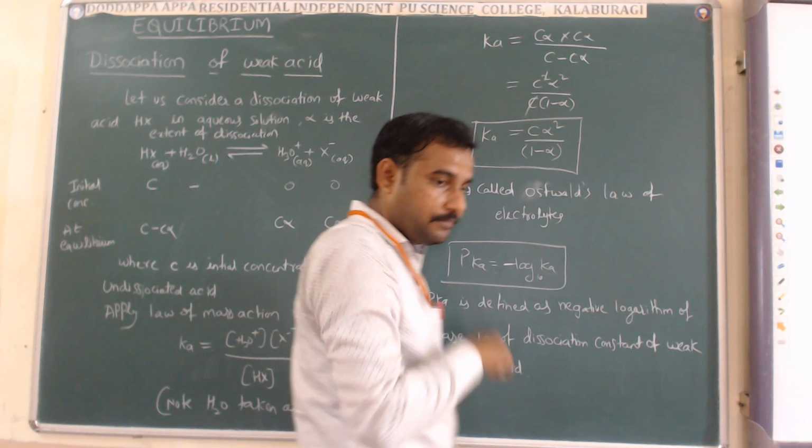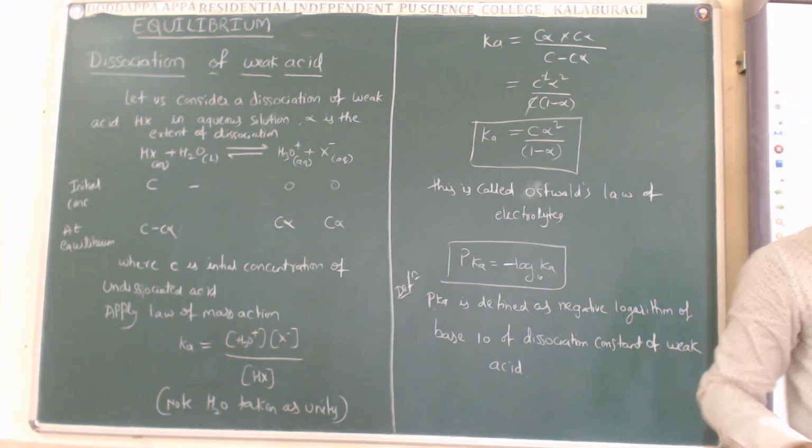So this is what we call pKa. What is the meaning of pKa? It is defined as the negative logarithm of base 10 of the dissociation constant of a weak acid.